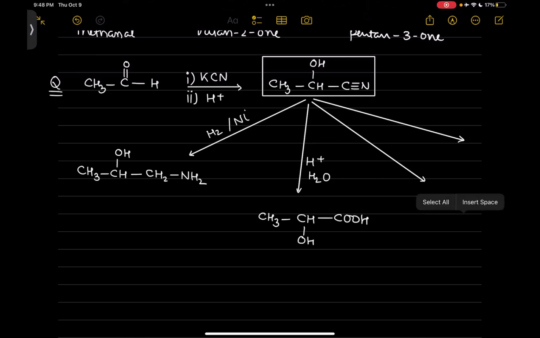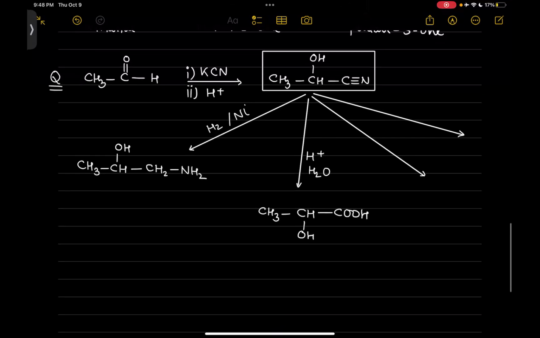Got it? You can convert it to various other functional groups. This conversion is given in NCERT, this one. So just keep in mind, very important, very basic also.